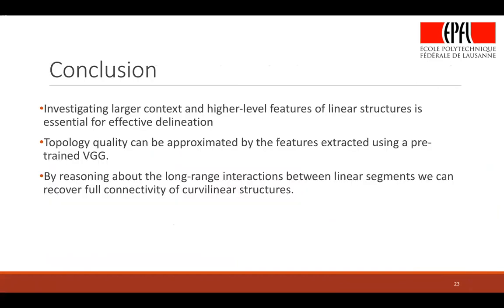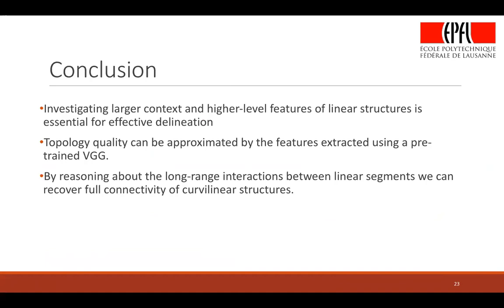And just to conclude what we've said today, in order to perform delineation well, we have to look at the larger context in the image and also take into account some higher level features of the linear structures.